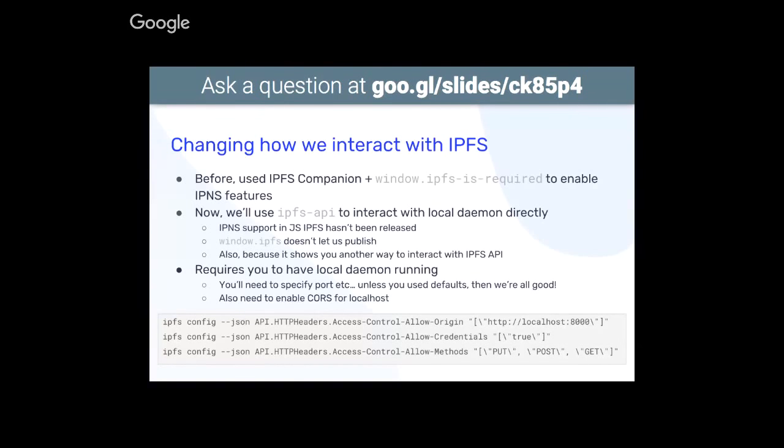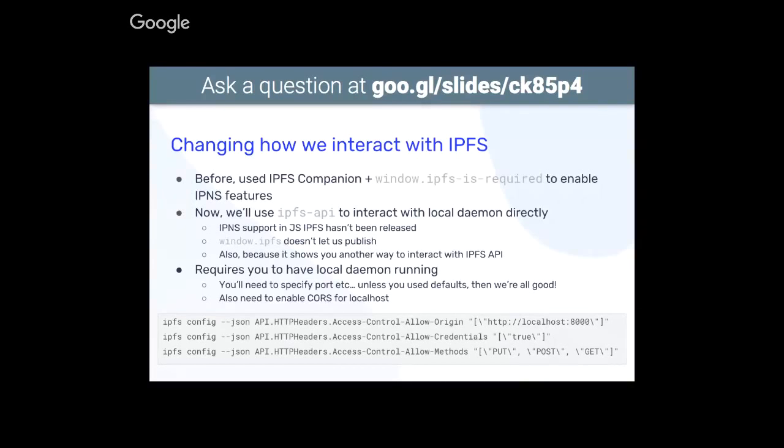But frankly, it's useful to know that there are multiple ways to interact with an external IPFS peer in the browser anyway, so it's probably good to know that you can access things this way in the first place. So we're going to use IPFS API.